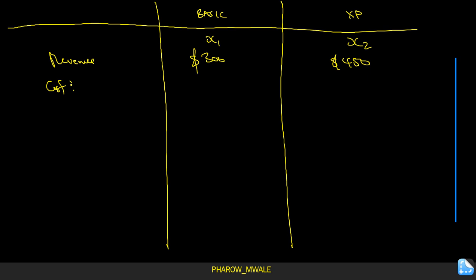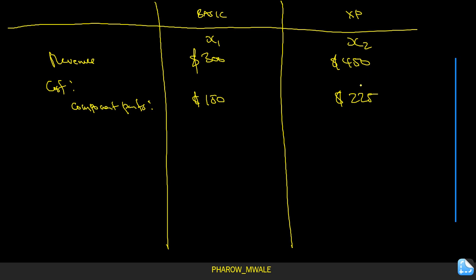So the first step of cost we have here is the cost of component parts. The cost of component parts for a basic is 150 US dollars. So I'm going to write my 150 US dollars here. For an XP it is 225 USD. So for XP it is 225 USD.